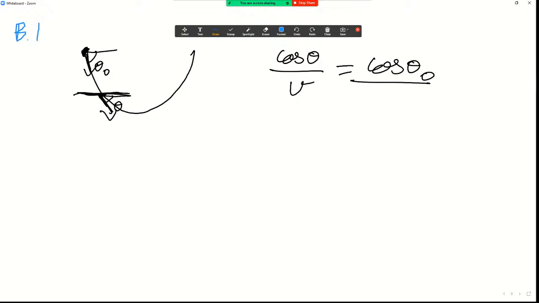It is v naught. So we can directly integrate from this, I guess. And v is v naught times 1 plus z by z naught.